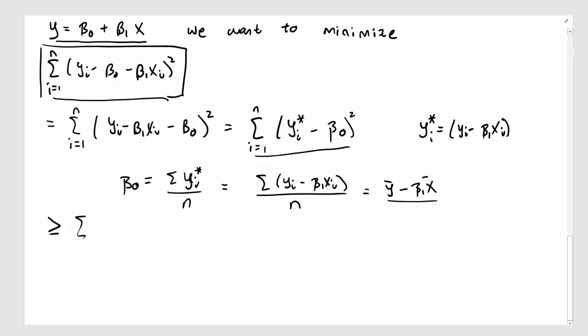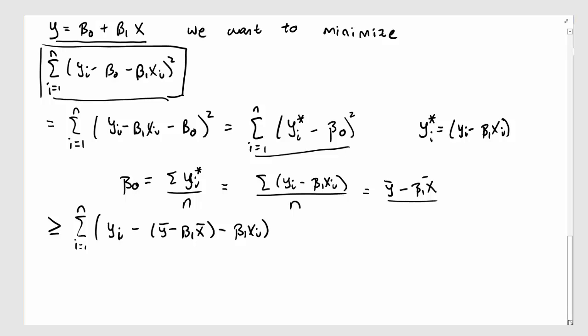So why don't I do that? And I get summation i equals 1 to n of yi, and now I'm simply going to plug in my new beta naught, because I know that whatever solution beta naught and beta 1 are, they have to follow this relationship, which is again saying that the fitted regression line has to go through the average of the y's and the average of the x's. So it's yi minus the beta naught that I just solved for, y bar minus beta 1 x bar, minus beta 1 xi.